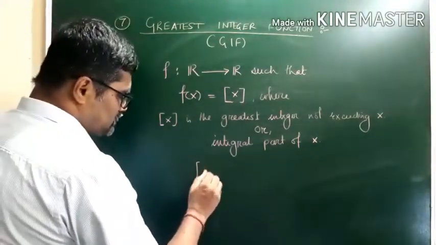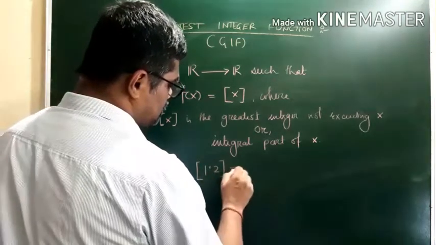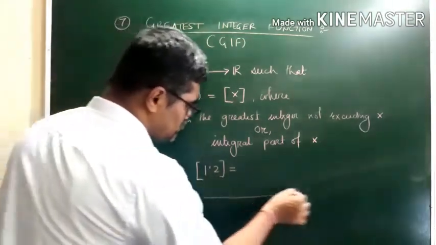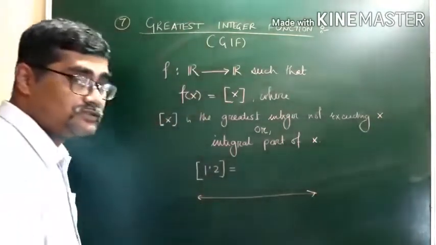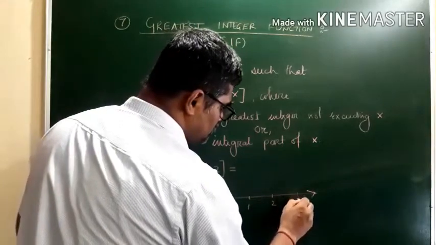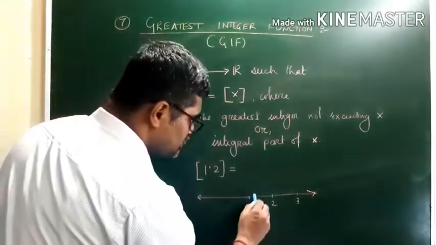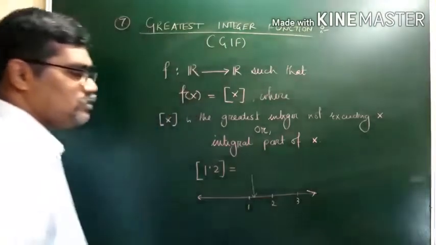Say somebody asks you to find the greatest integer function of 1.2. So we put number lines here, then it will be easy for us to understand. 1.2 will be lying somewhere between 1 and 2, somewhere here. Say this is the position for 1.2.